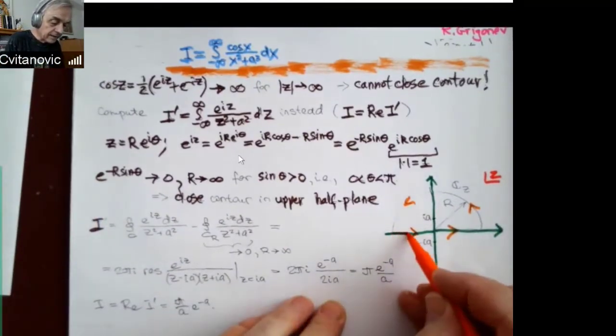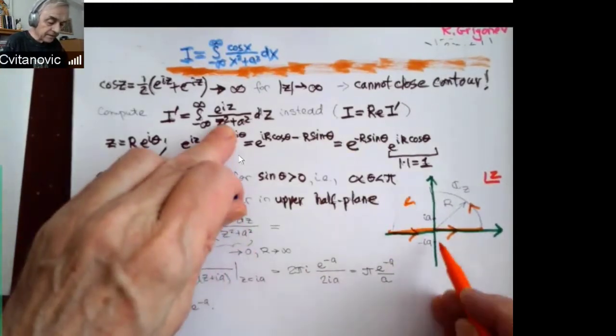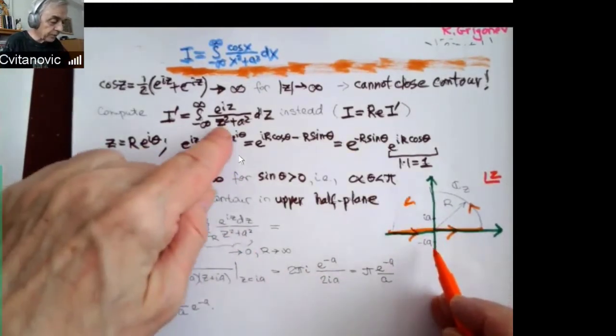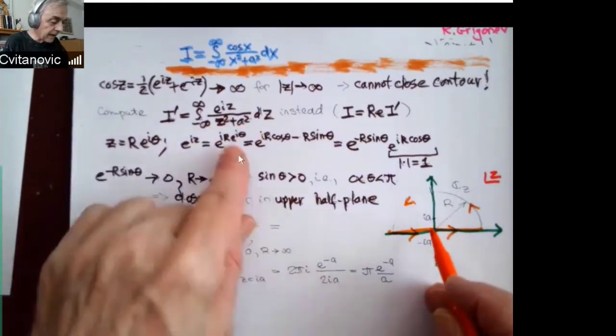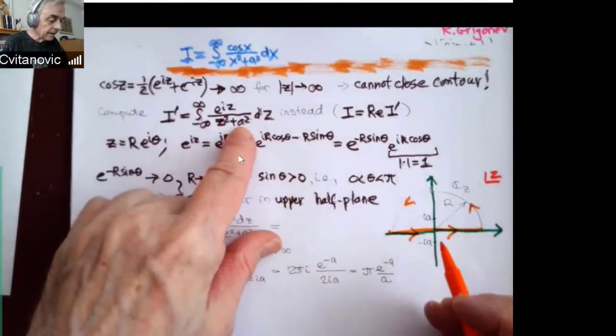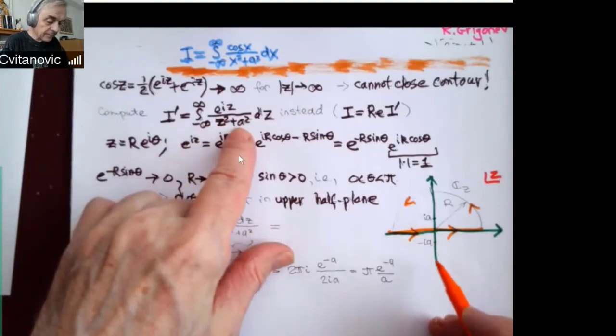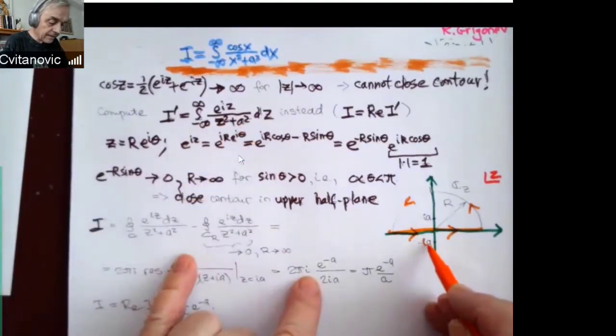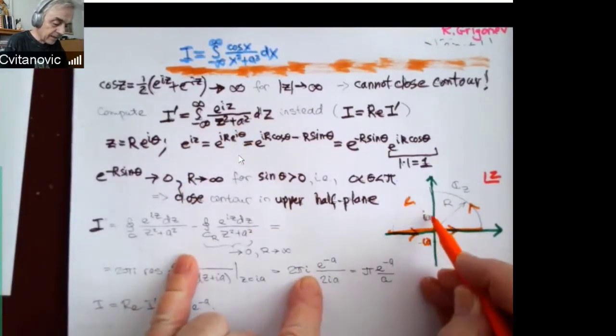The original integral was on the real line. There's no singularity on it because the poles of this are on the imaginary axis. Poles at minus ia and plus ia.